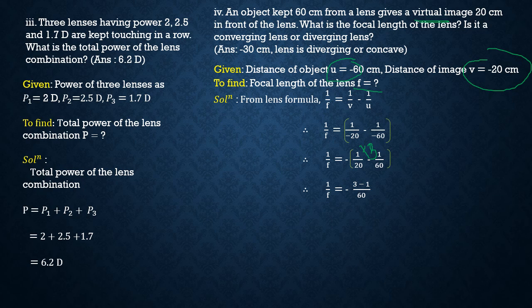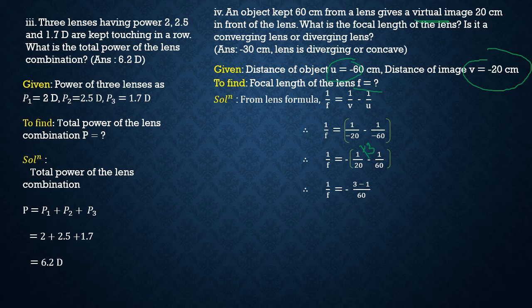So 3 ones are 3, minus 1 as it is, and the denominator is 60. Correct? So 3 ones are 3, minus 1 upon 60.